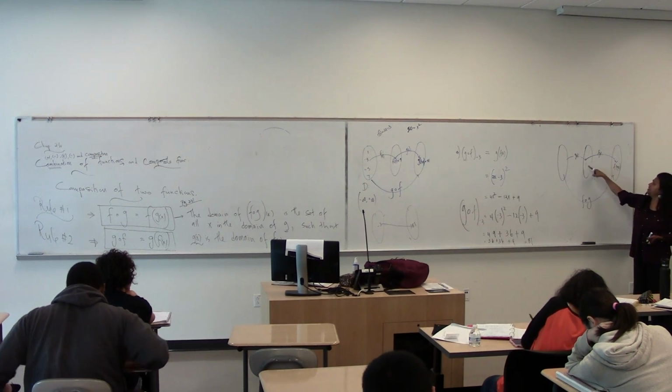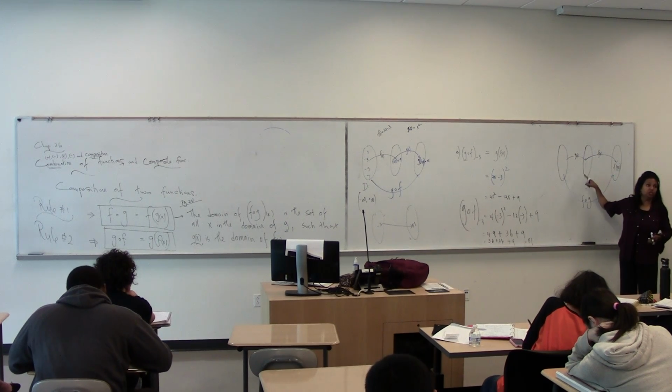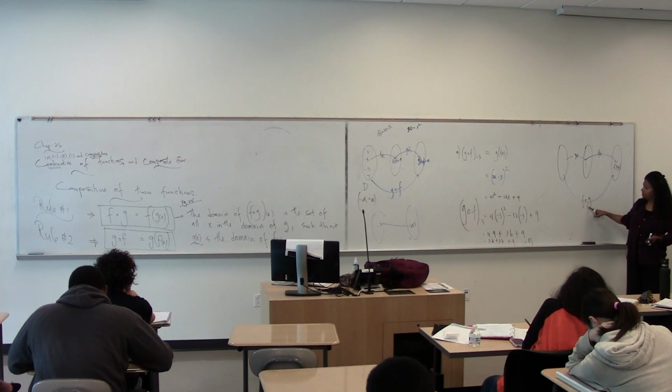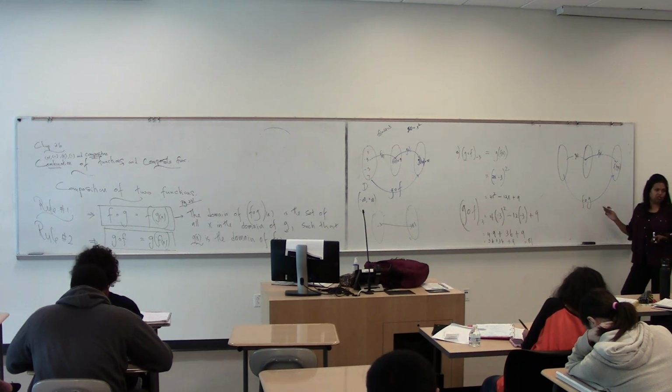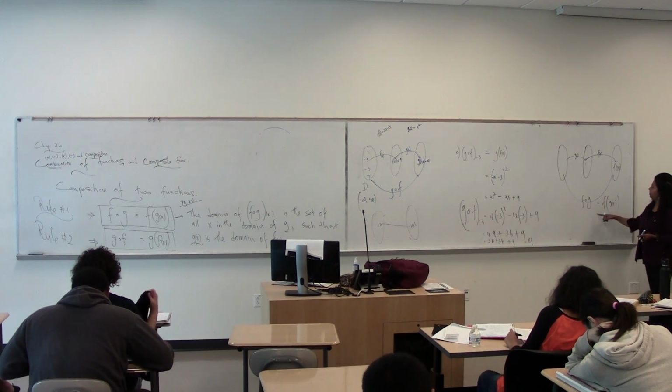This means f of g of x. All the g of x's are here. You see why the domain is g of x here? Remember, I'm showing it to you in the diagram. So what is this? F of g of x. You see why it's f of g of x?